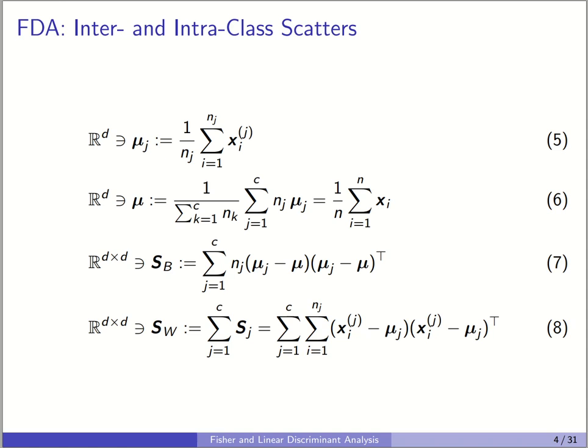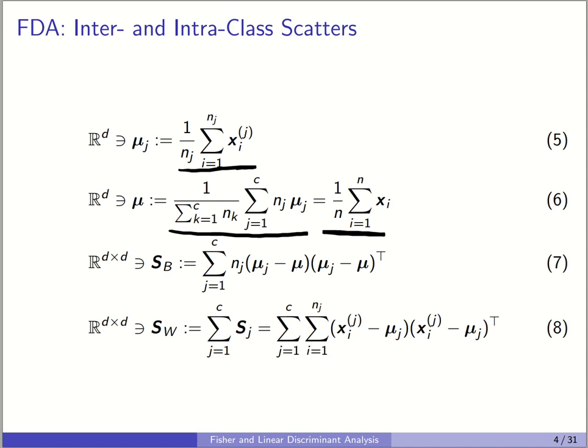So here in equation 5 is the mean of the jth class. We take the average of the data points in the jth class. Mu is the total mean, which is equivalent to the weighted average of the means of classes.